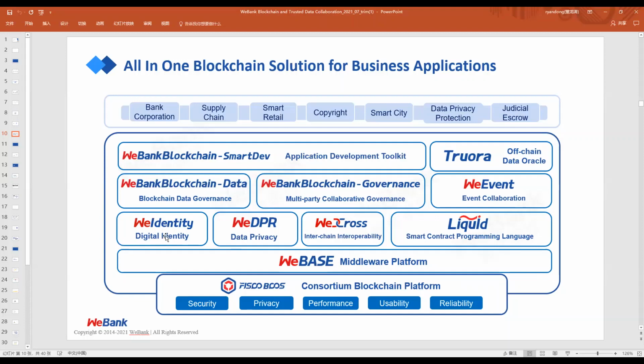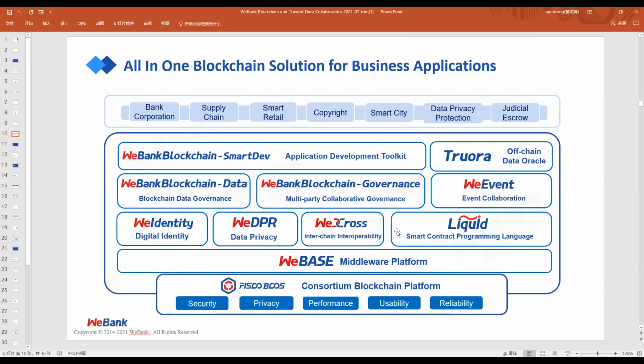This is very different from the traditional, centralized identity system. We also have VDPR, a collection of data privacy solutions to address different privacy concerns in a scenario.